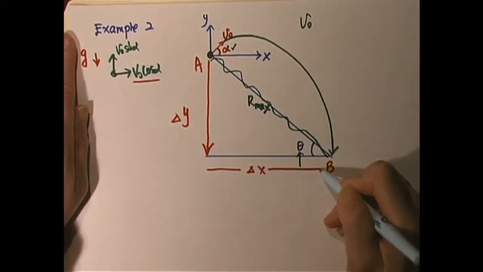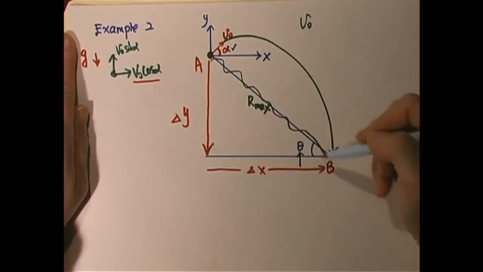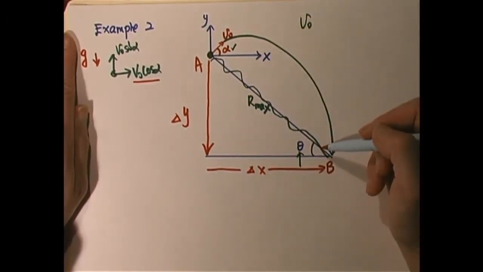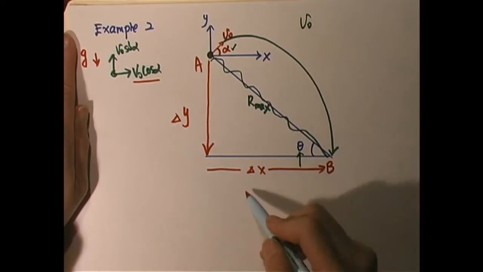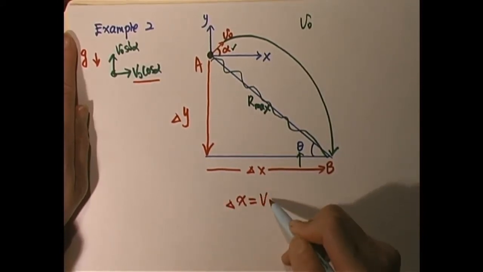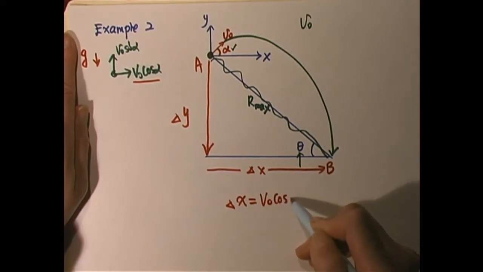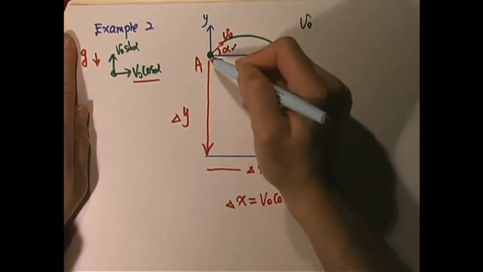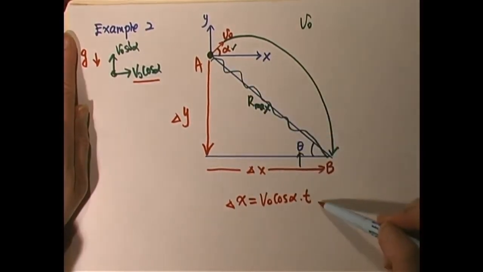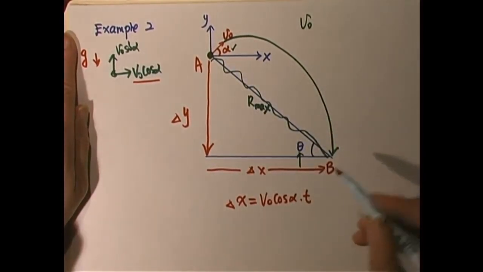So delta x can be expressed as V initial cosine alpha times the time. That's how long it takes to land, the total time.